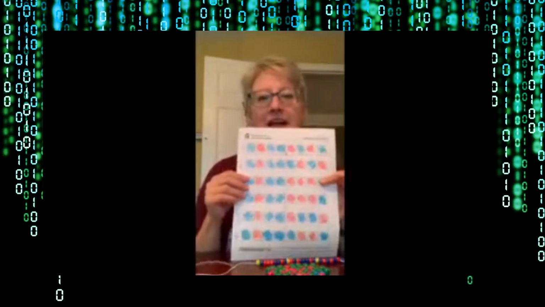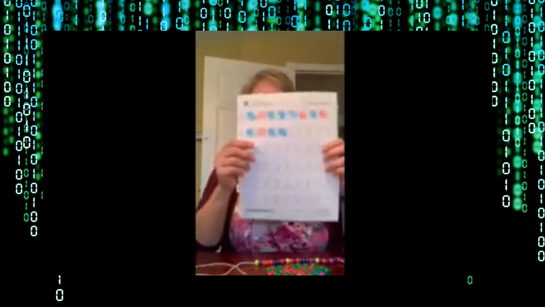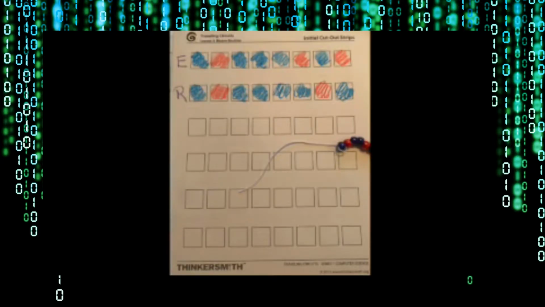But in my case, I've changed those black and whites to red and blue. You'll notice with all my letters, I wrote them down the side. My name is J-E-N-N-I-F-E-R. Such a long name, I had to go to another page.